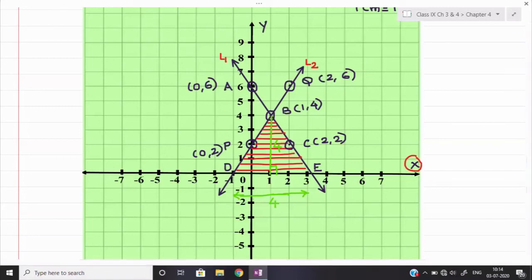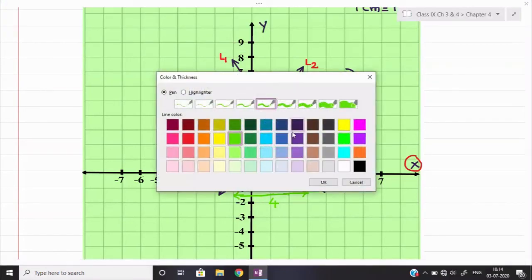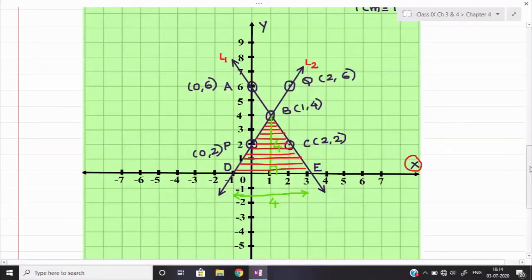So 3 plus 1, the total length will become 4 units. So I can say that the value of the base will be 4 and the value of the perpendicular is also 4 units, right? So let us see how we can find out the area over here.